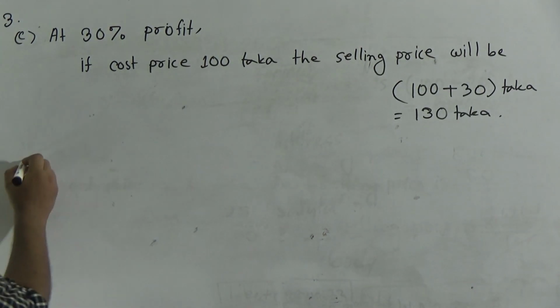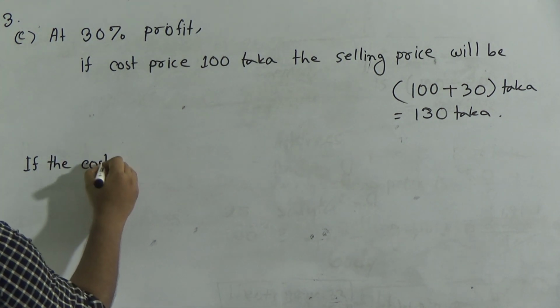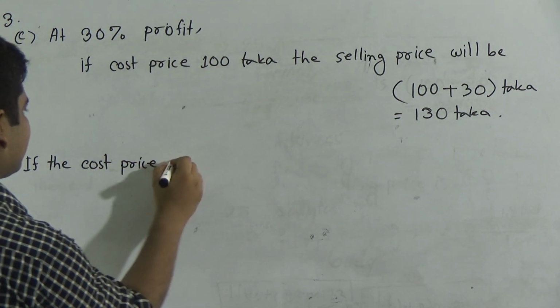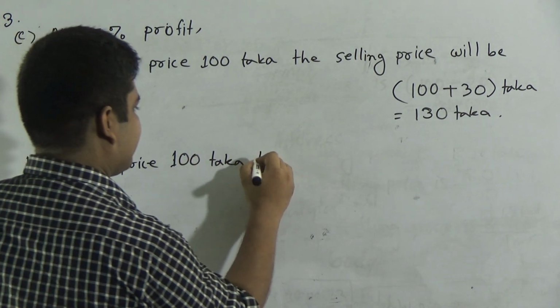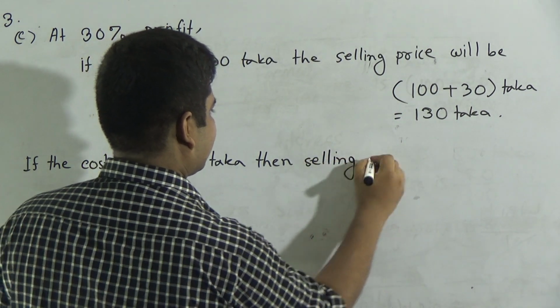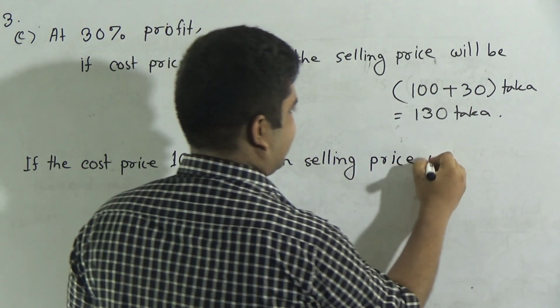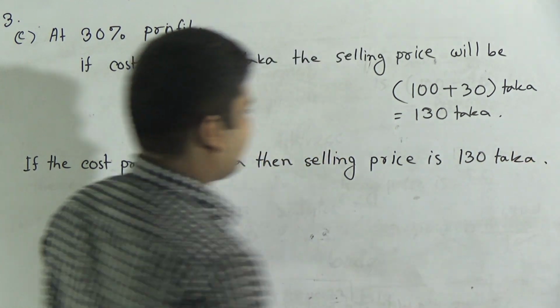Now we write, if the cost price is 100 taka, then the selling price is 130 taka.